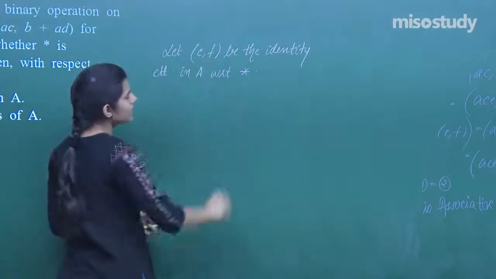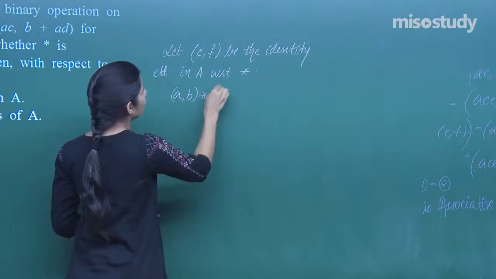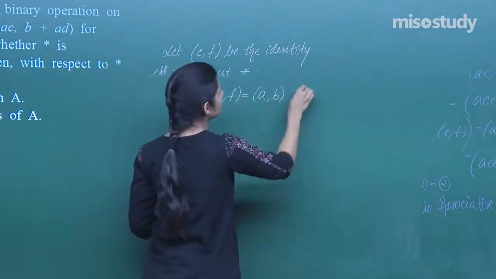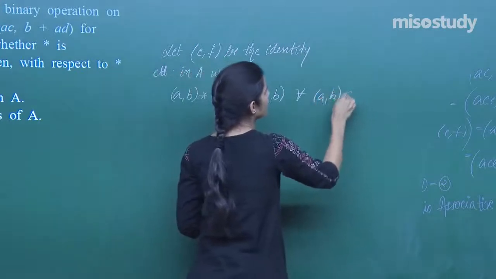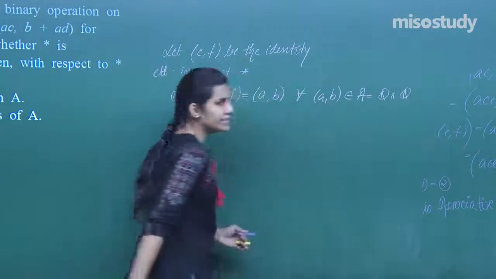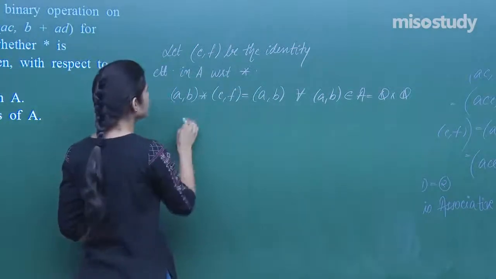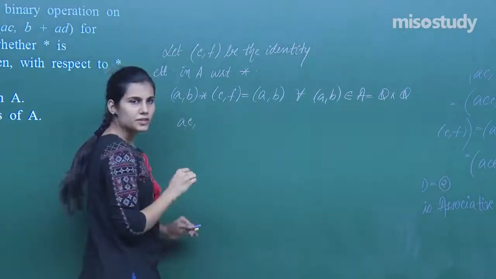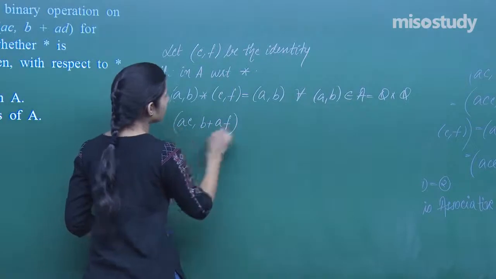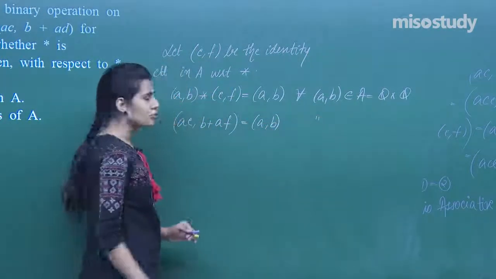If this is the identity element in Q cross Q, that means any ordered pair operated with this identity element does not change its identity. Any element from A, if operated with (E, F), does not change its identity. What is this? According to the definition, (AE, B + AF) is equal to (A, B) for all (A, B) in Q cross Q.